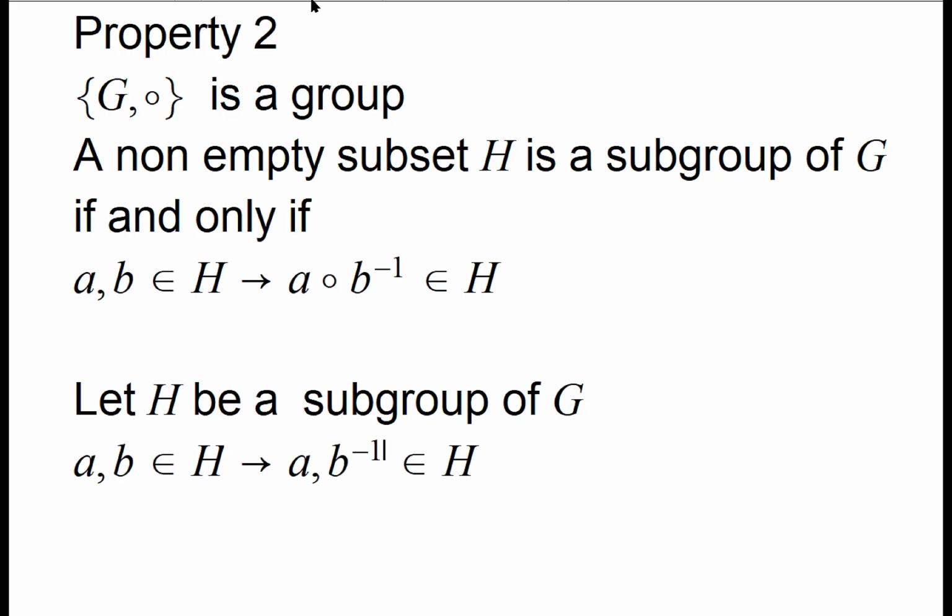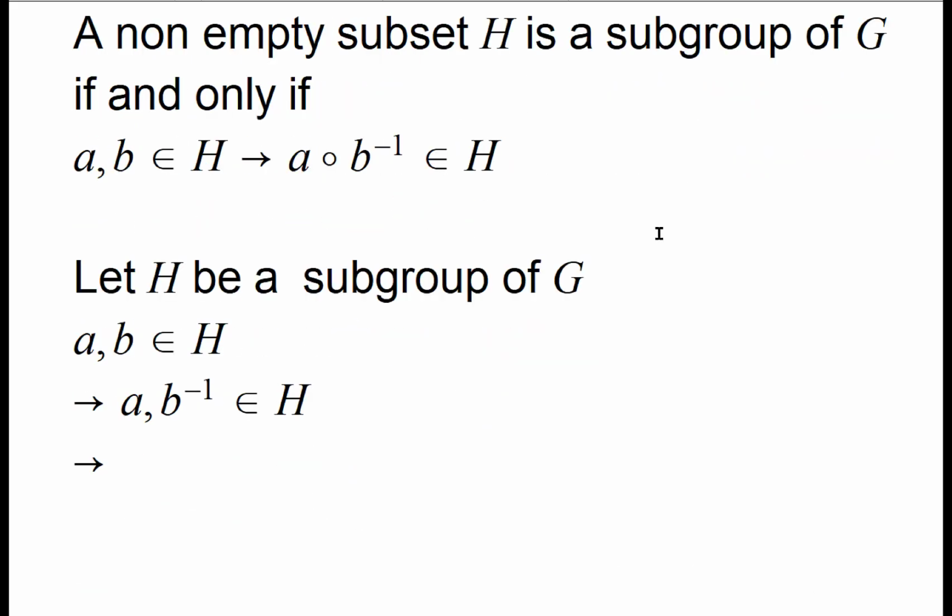So B inverse is in there. And since H is already a subgroup, let's write this methodically. What's the hurry? So that happens because H is a subgroup.